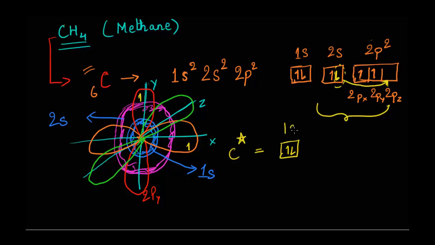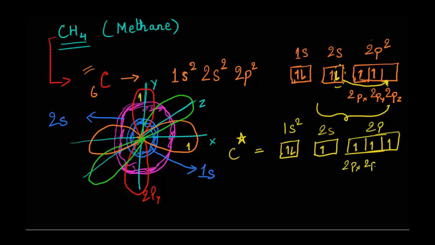This will be my 1s2 again, and this will be my 2s, and here I have 2p. In 2s I'll have only one electron, because the other electron has shifted from 2s to 2p. So one electron here, one here, and one here. This is my 2p, which is 2px, 2py and 2pz.